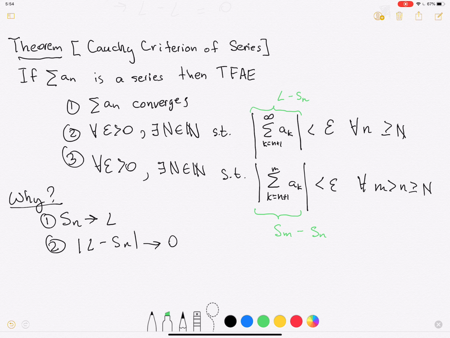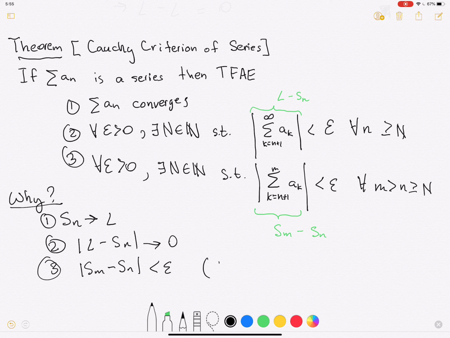That means 0 is the limit of this sequence.